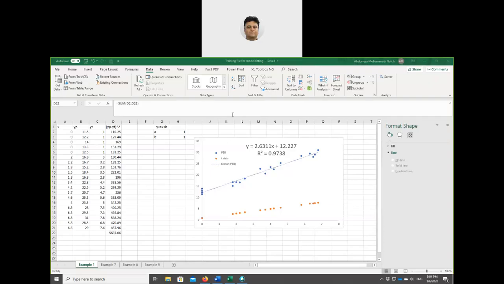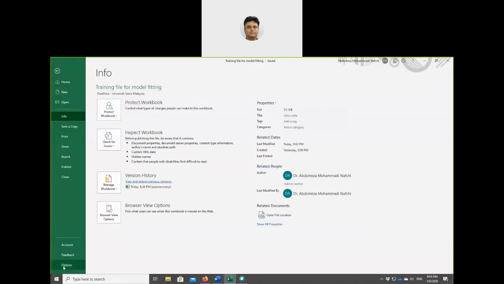Okay, have you brought the Solver to your data menu? I want to check if you brought it. Yes. Oh, okay. Okay, Jingming brought it. So I redo: press on menu file, option.